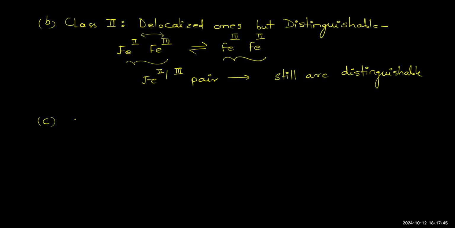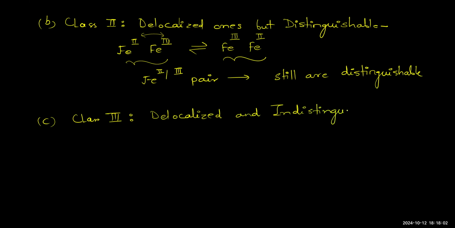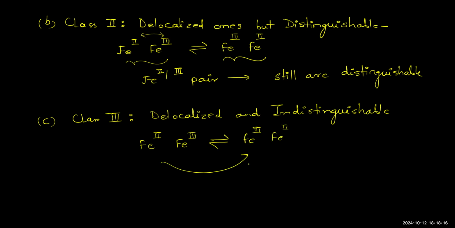And the last type is class 3, which is delocalized ions and indistinguishable, which says if we have iron 2, iron 3, it goes to iron 3, iron 2, but appears as iron 2.5.